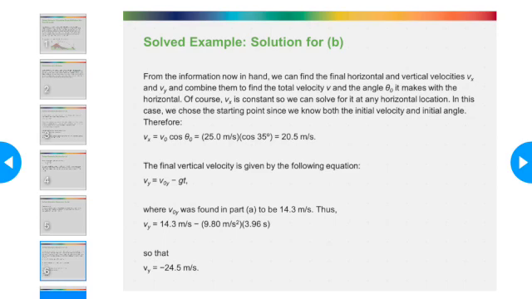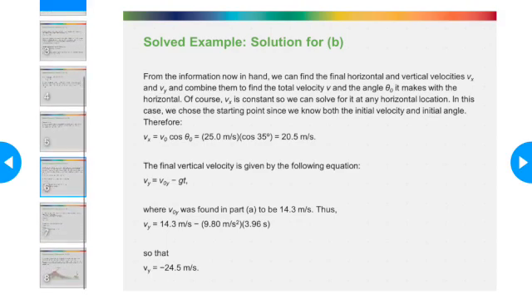The final velocity in the vertical direction is going to change, and that's why we need to know that amount of time, because we need it here to figure out this final velocity's y direction. And so that's 14.3 meters per second minus 9.8, or really plus a negative 9.8, times the 3.96 seconds we got earlier, gives us a negative 24.5 meters per second for that velocity.